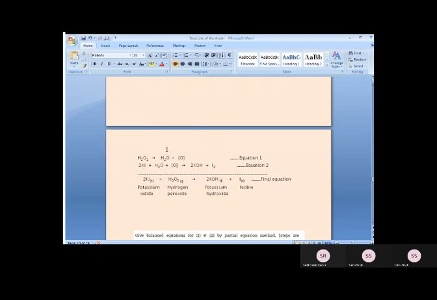This H2O gets cancelled with the H2O, O cancelled with O, and ultimately we will get 2KI plus H2O2 gives 2KOH plus I2.